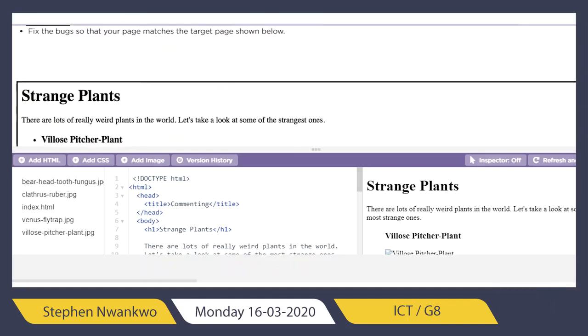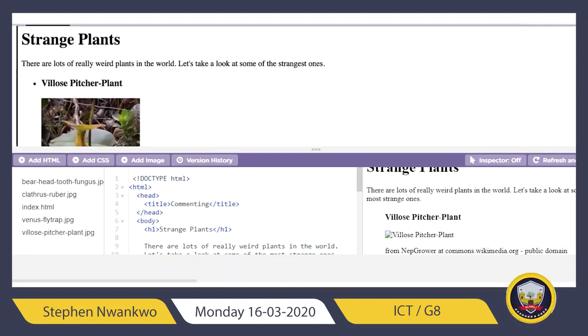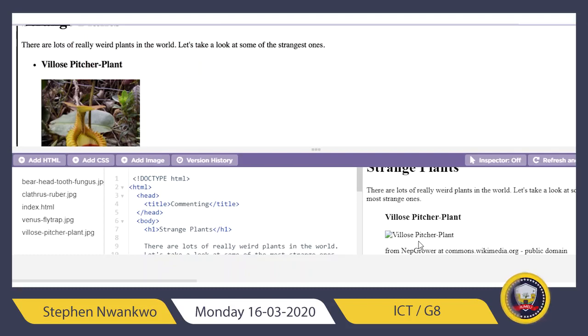So what you have to do here is to examine this web page. Then when you look at it, you will notice that it contains bugs. It is not properly arranged. When you look at this place, the Velos pitcher plant, there is no bullet here. We have bullets here, but over here there is no bullet. We have the image of Velos pitcher plant here, but over here there is no image. Rather, we have the alternative text.